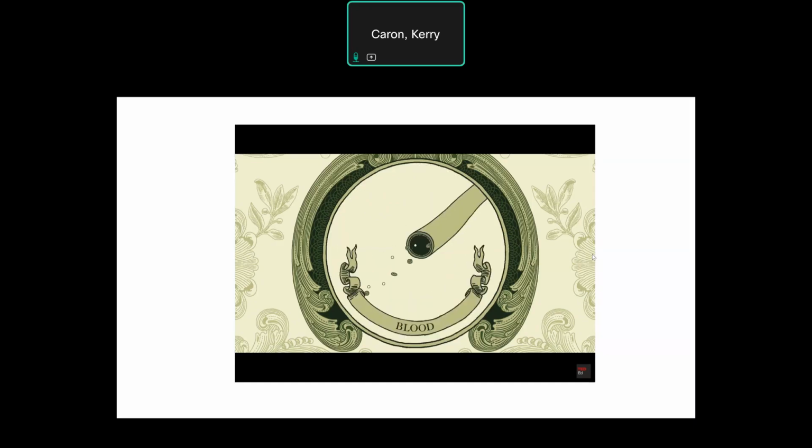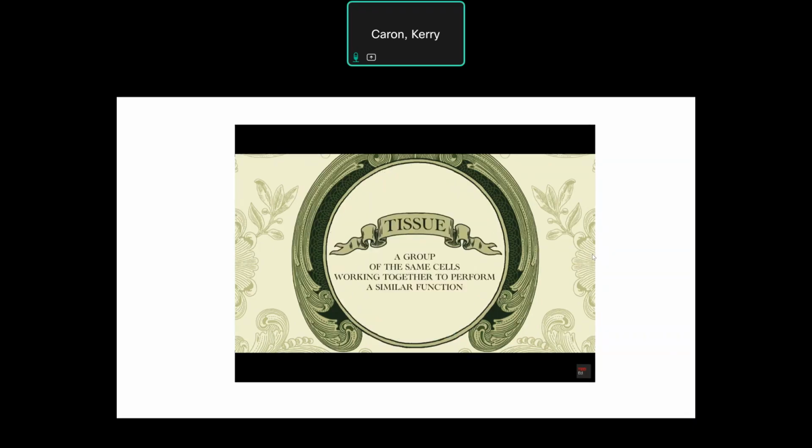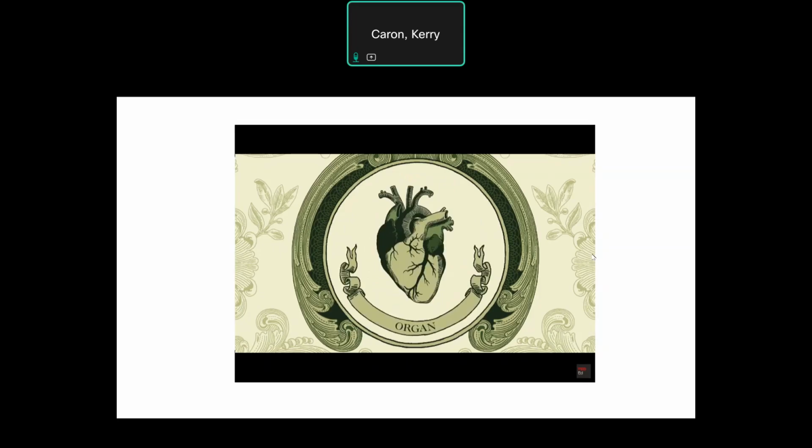Blood is also an example of the same cells working together to perform the same job, but it's a liquid, again, not like a Kleenex at all. No matter what the consistency is, a tissue is a group of the same cells working together to perform a similar function. Anytime there are different tissues working together, we then call it an organ. That's the next level of the pyramid.